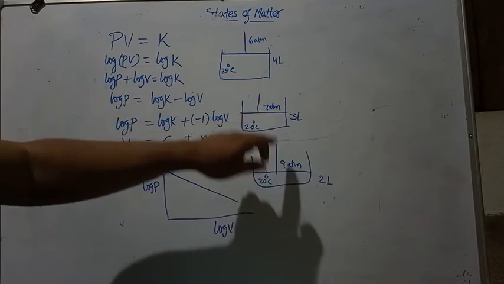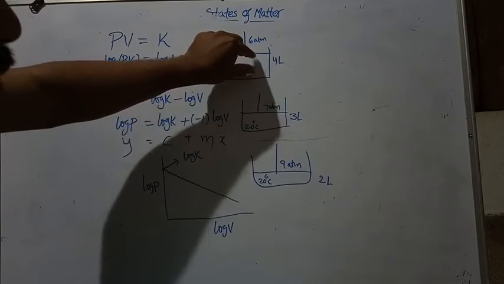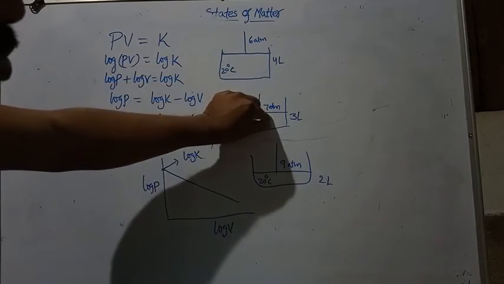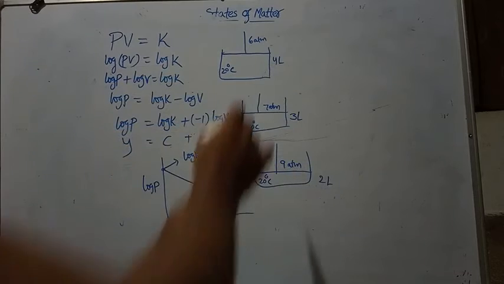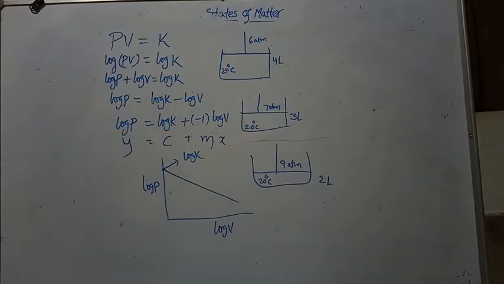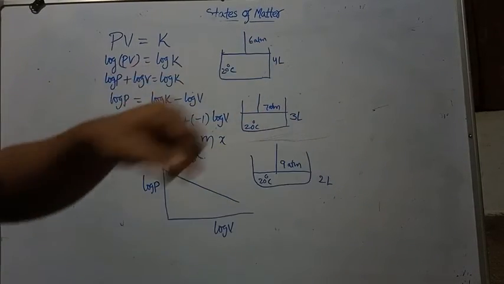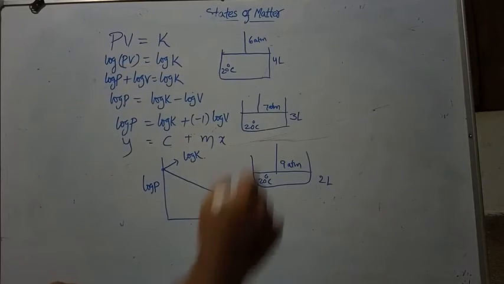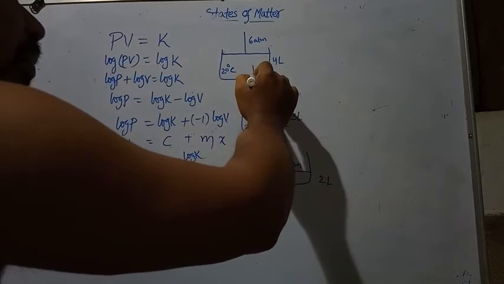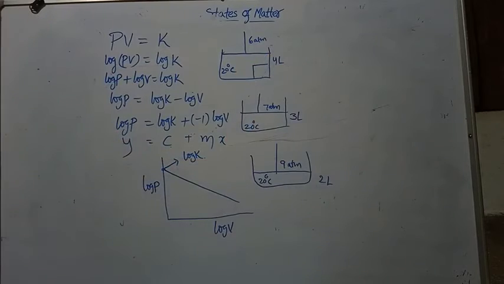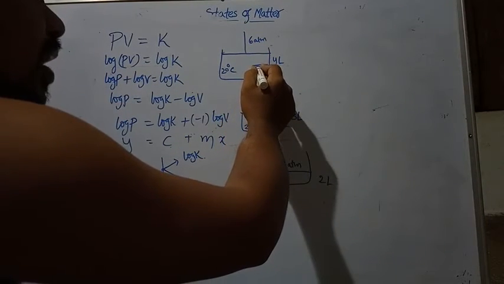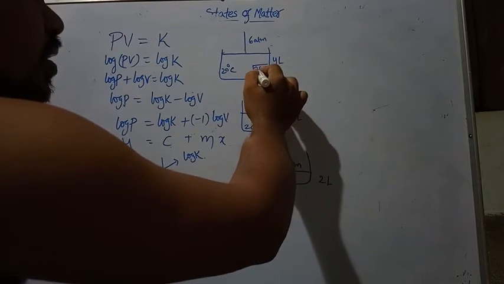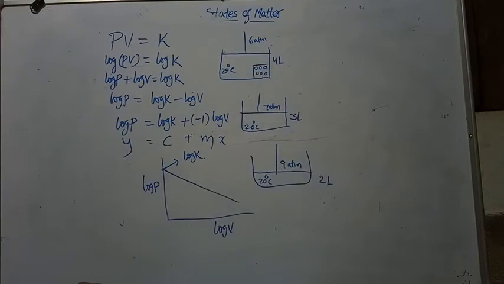In all these three experiments, for the same amount of gas, the gas amount is not changing but volume will be decreasing. Whenever you are increasing the pressure, per ml the number of molecules, what happens? Decreases. For example, here 6 molecules are there per ml.